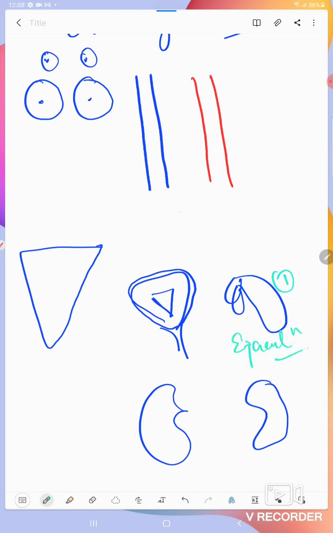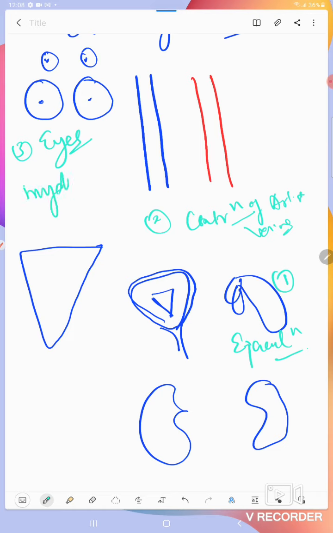Then second is your blood vessels, where all the blood vessels are contracting, so contraction of arteries and veins. Then the third organ is the eyes. In the eyes it leads to mydriasis.